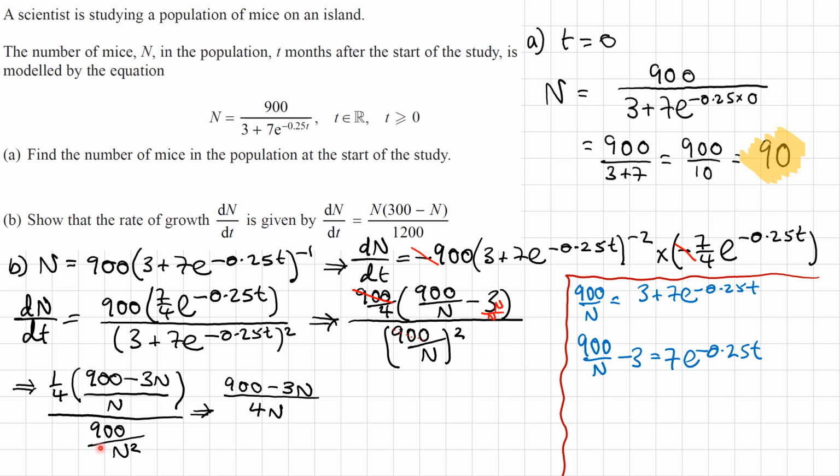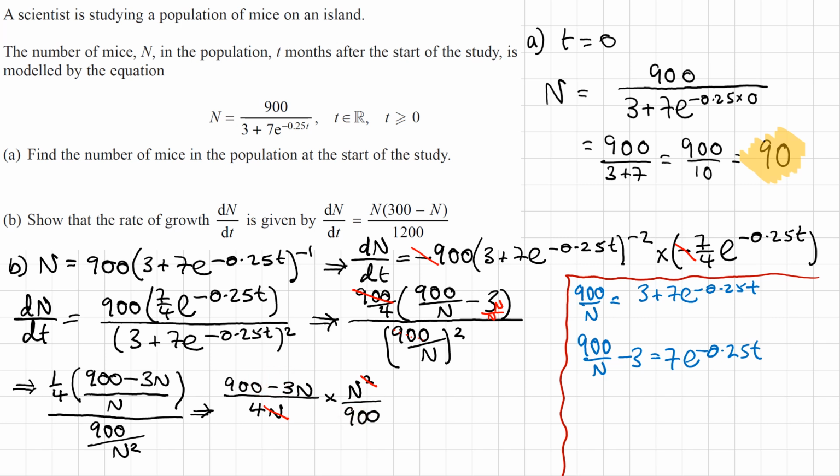Now it's going to be divided by this fraction, so that's going to be times by the reciprocal of that, n squared over 900. This n and the n squared will cancel out. I can also divide this top here and this bottom here by 3.